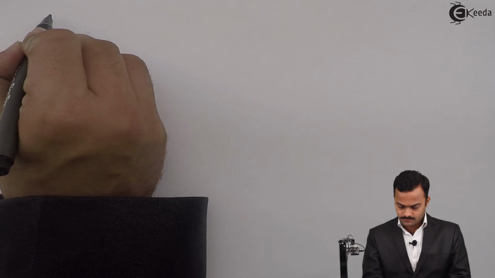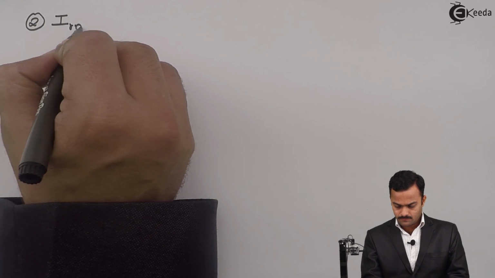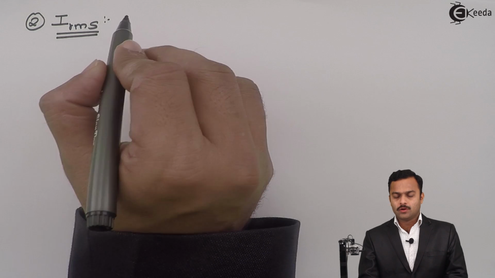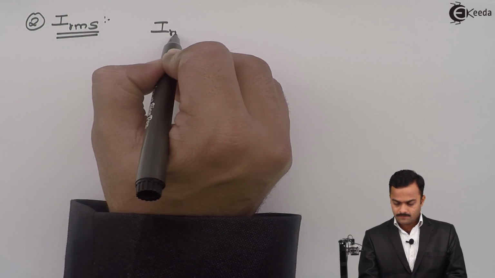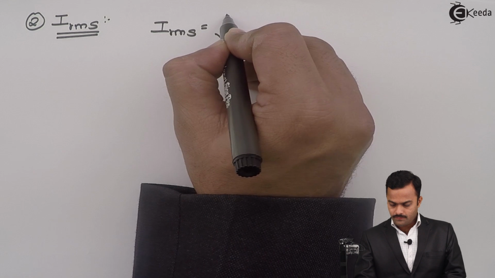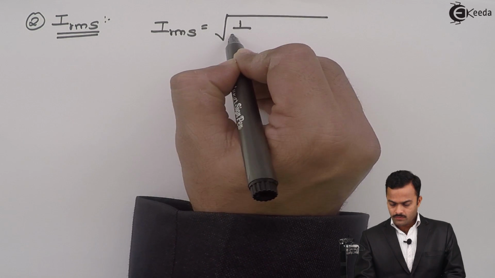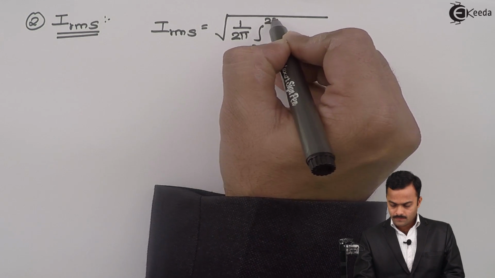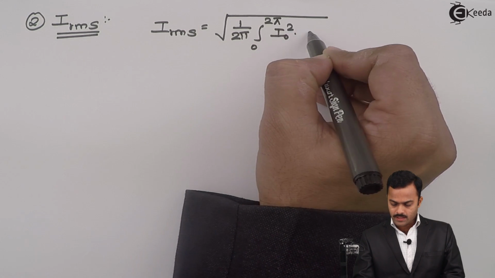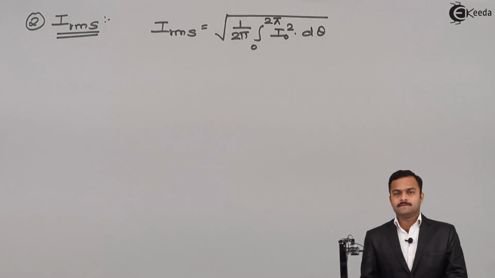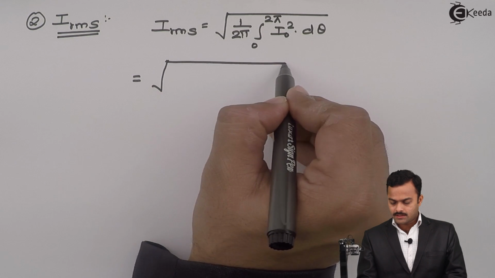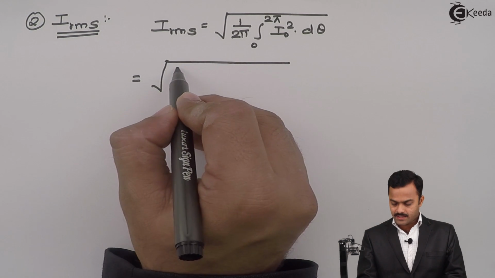Let's go to second parameter, that is RMS current. So it's nothing but the RMS value of load current and given as root of 1 upon 2 pi integral 0 to 2 pi IO square d theta. As we know, we are getting an output current only during a positive half cycle.